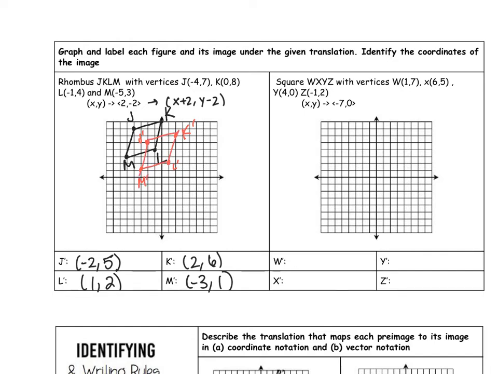Okay. Alright, next one is a square. So 1, 7. I'm going to graph my original one this time first. 6, 5. 4, 0. And negative 1, 2.